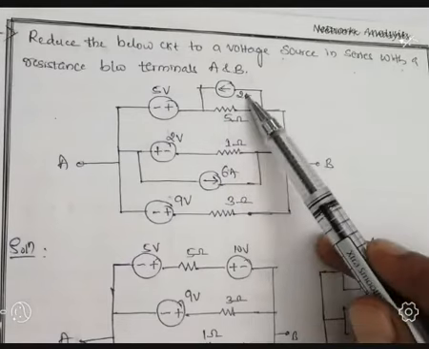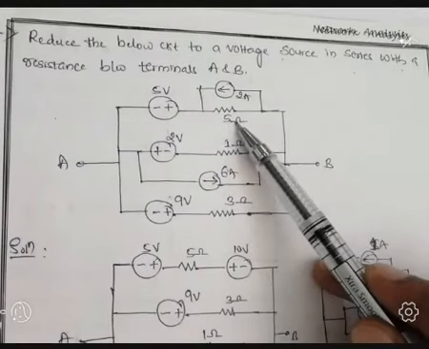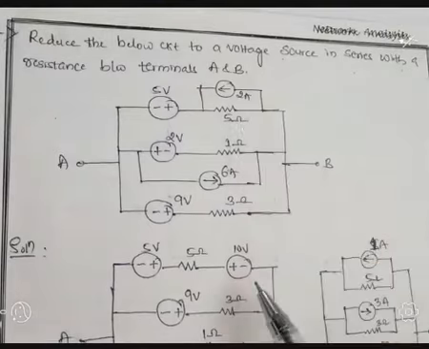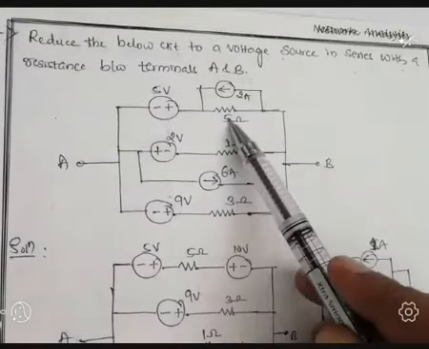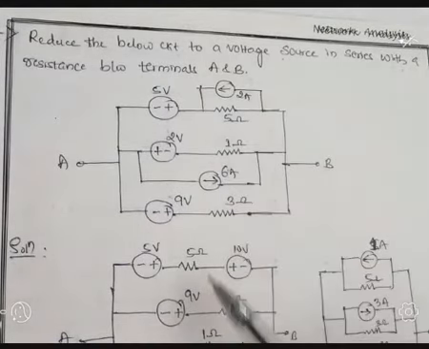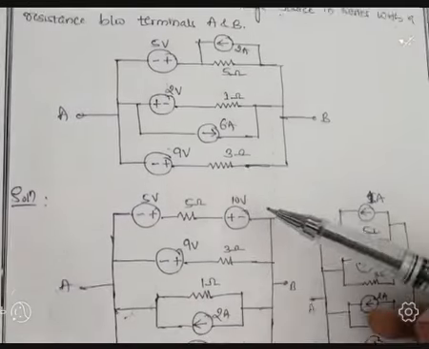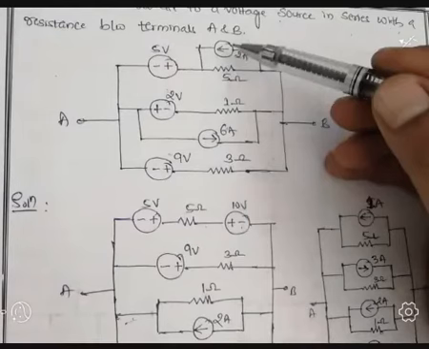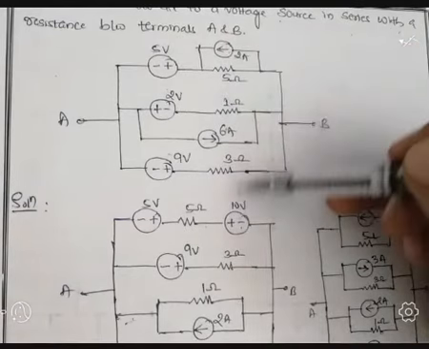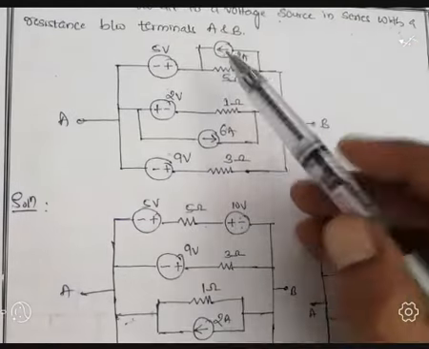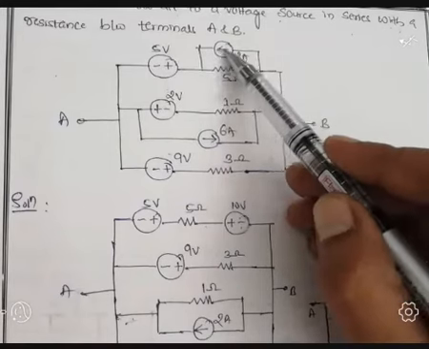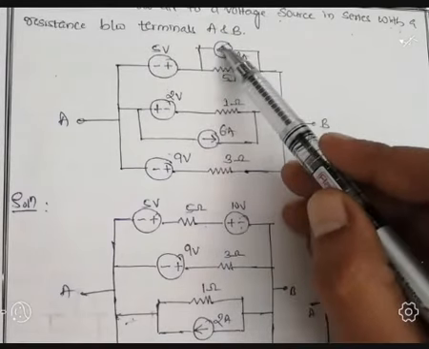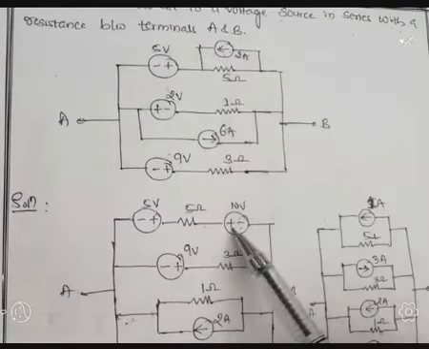Hence 2 into 5, 10 volt. So 10 volt is connected in series with 5 ohm resistance. But observe the polarity of the voltage source. We represent the polarity after converting current source to voltage source based on the arrow mark. The arrow mark is pointing towards the left side. So left side plus, right side minus.